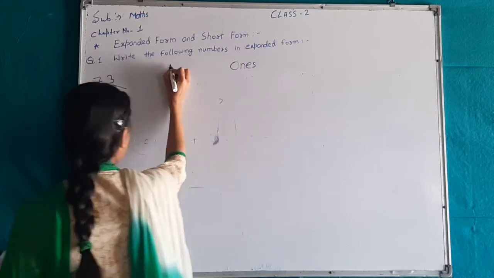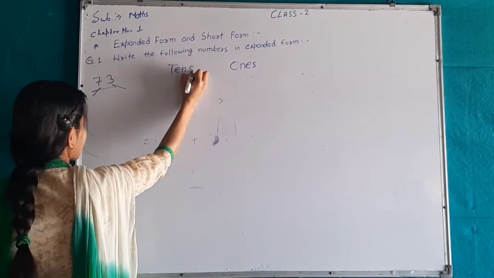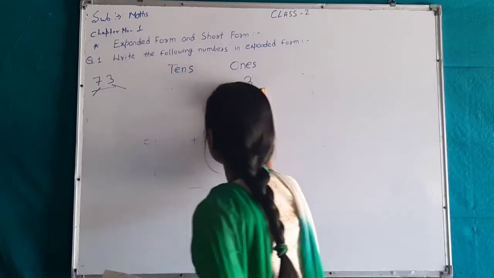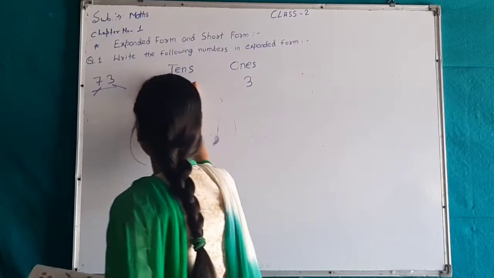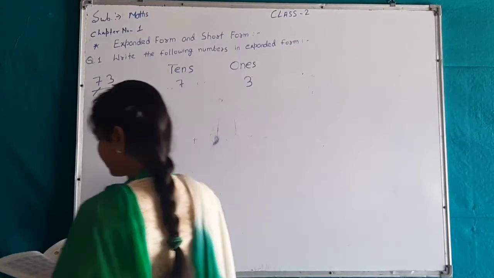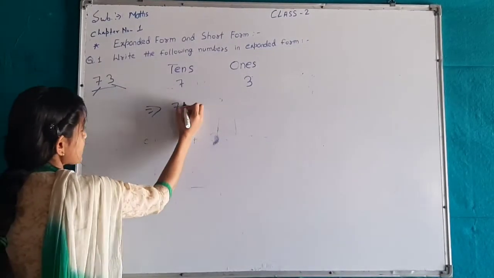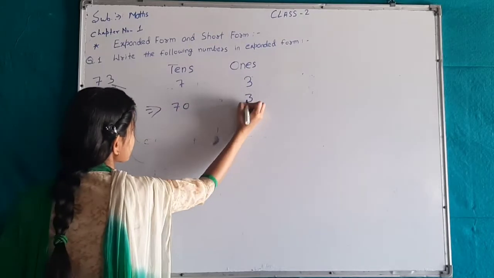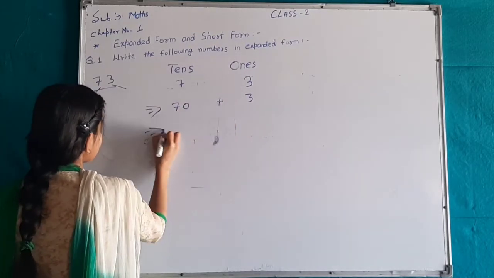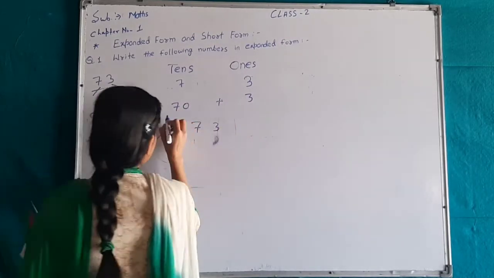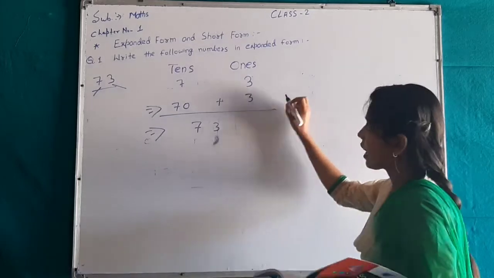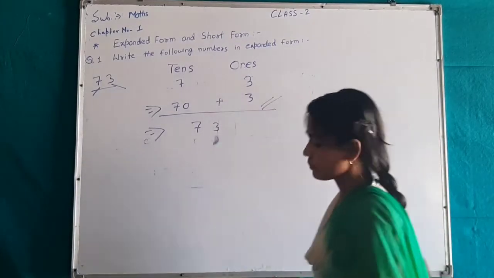Ones and tens. 3 ones and 7 tens. We can write it: 7 tens means 70 and 3 ones. Then we get 73. 70 plus 3 is our expanded form.